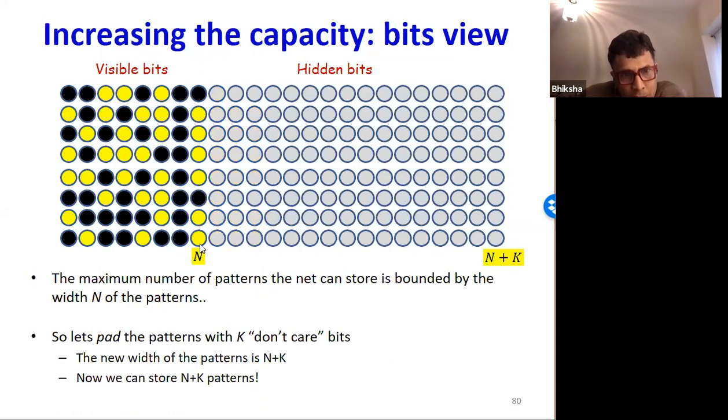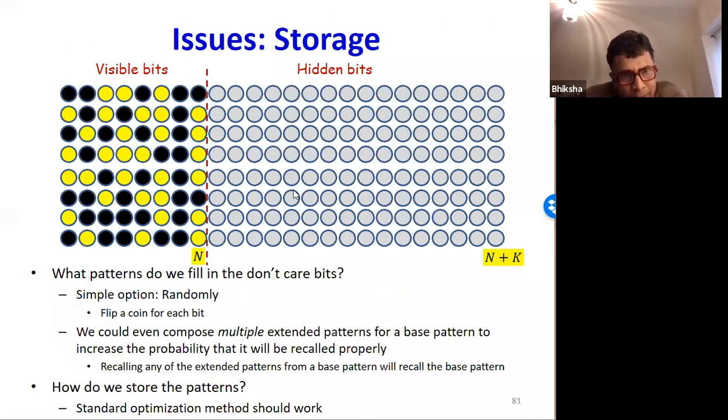So I will stick an additional k neurons of this kind onto the pattern that I'm trying to remember. I don't really care what these bits are. The only purpose these bits serve is to increase the size of my network so that now I can store n plus k patterns as opposed to just n patterns. These are what I will call don't care bits. The visible bits are these, and the don't care bits I'm going to call the hidden bits.